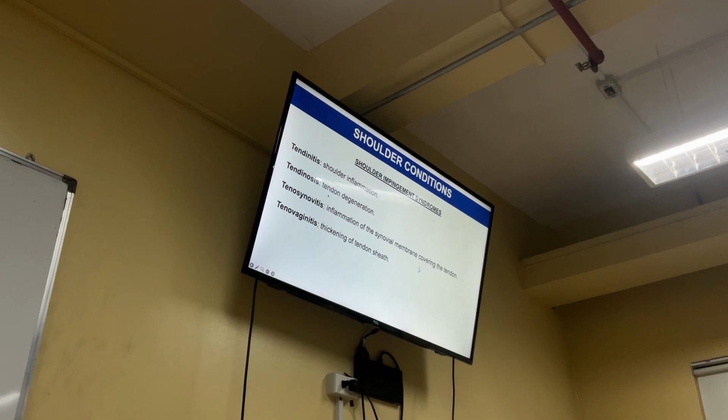First, we have AC joint dysfunction, followed by shoulder instability, followed by shoulder dislocation, adhesive capsulitis, SLAP lesion, and shoulder impingement syndrome.